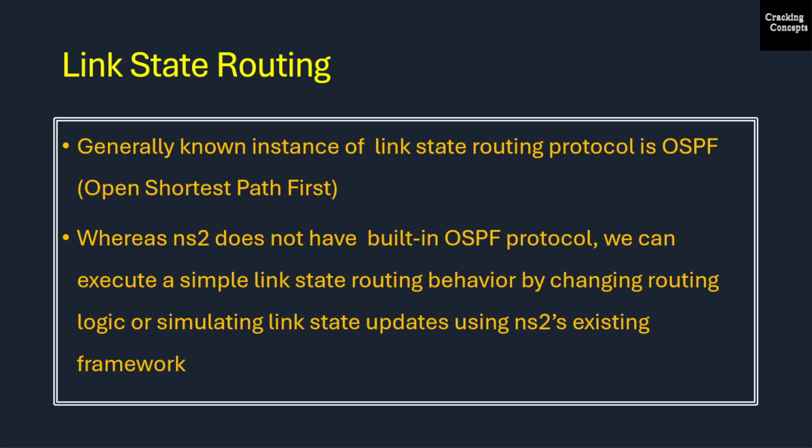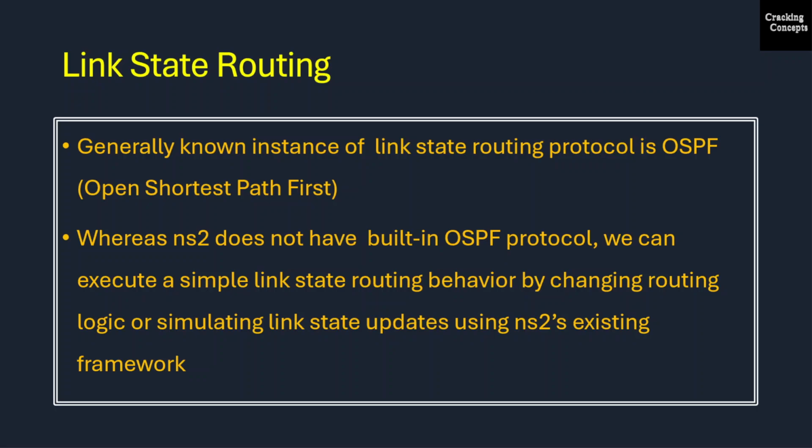Next is link state routing. Now to implement this, ns2 has included a routing protocol in which every router has comprehensive knowledge of the network topology. This router structures a map of the whole network and uses this data to establish the shortest path to each node.